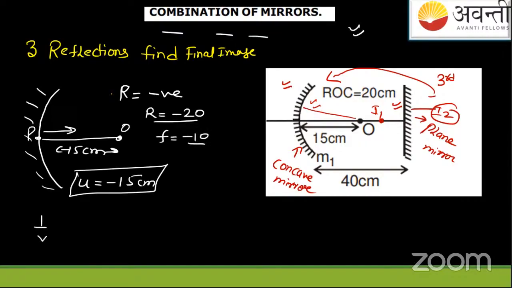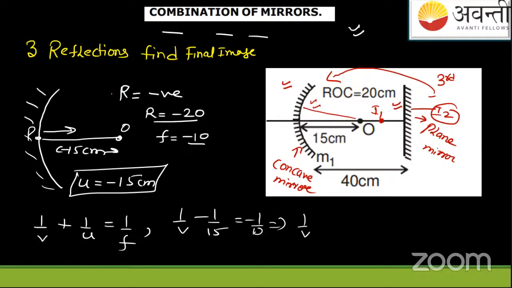Now when you find the image distance, students, by this formula, 1 by v equals minus 1 by 15 minus 1 by 10. When you solve it, you can see what is coming. You can also answer in the chat box on Zoom or on YouTube, no issues.